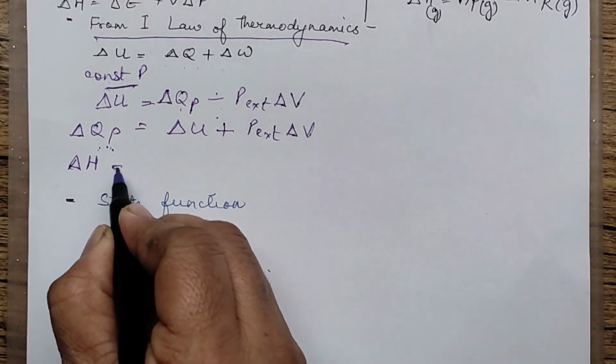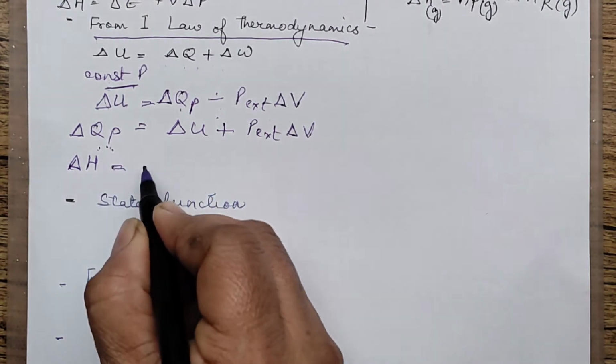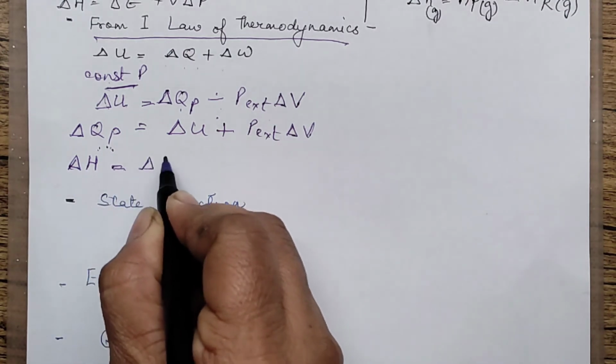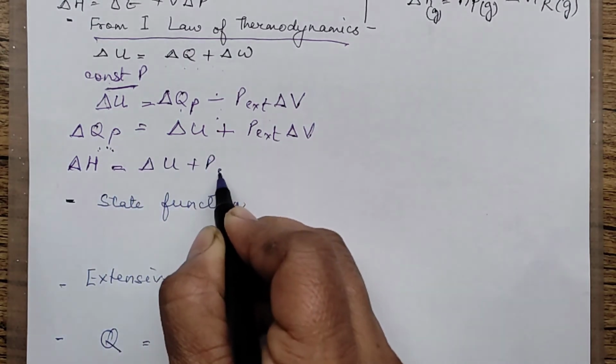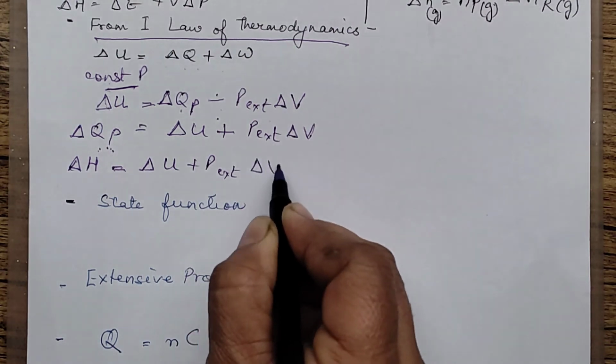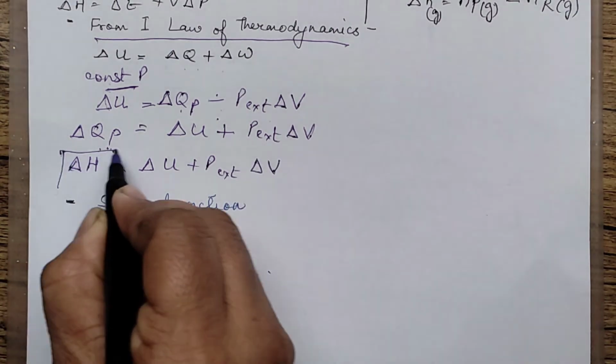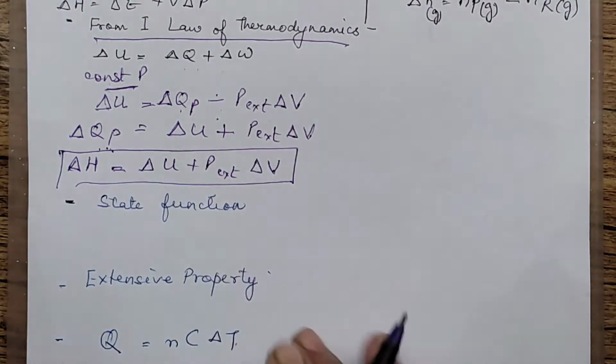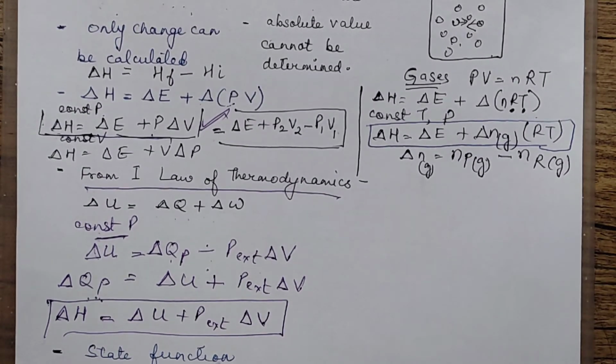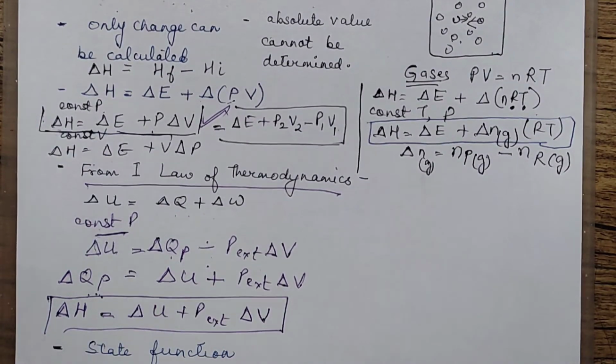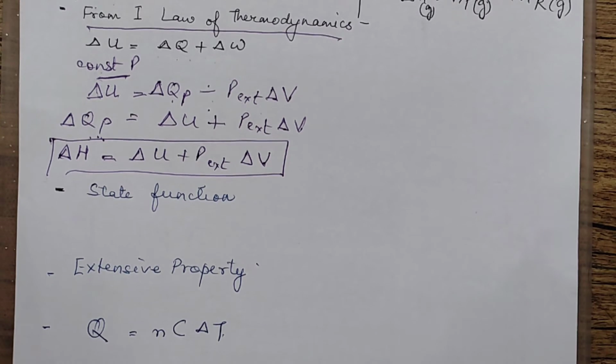So delta H is equal to delta U plus P external delta V. This is the formula which we wrote in the beginning.